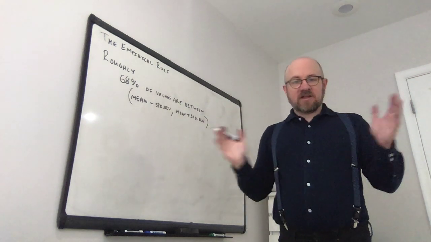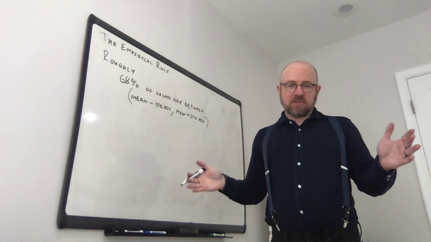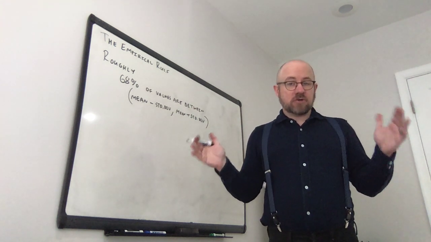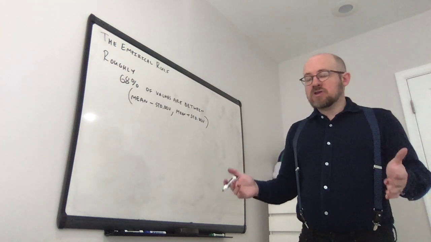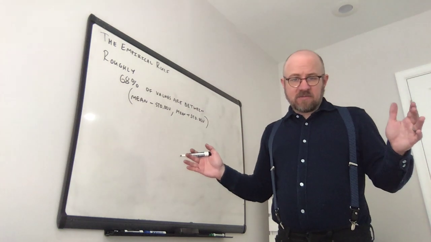So one standard deviation from the mean. In that range, 68% of your data values should be. You can do the same thing for 2 standard deviations away from the mean.